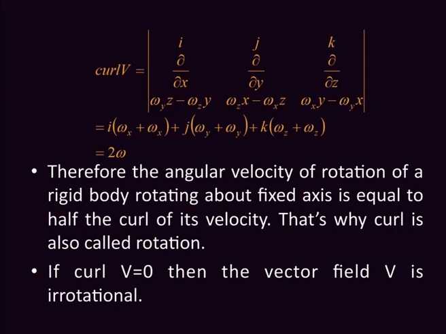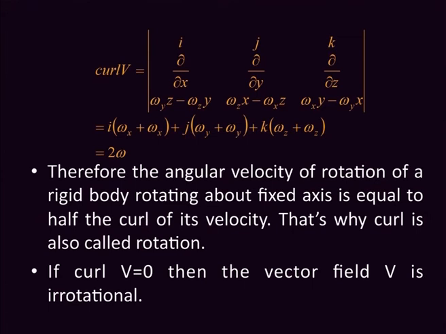Therefore, the curl of v is equal to the determinant value i j k, del over del x, del over del y, del over del z, and in the third row the components of v in the x, y and z direction. It gives you equal to twice omega.